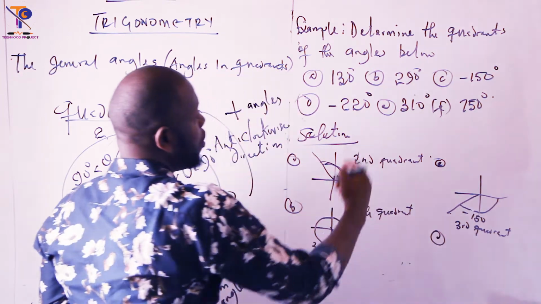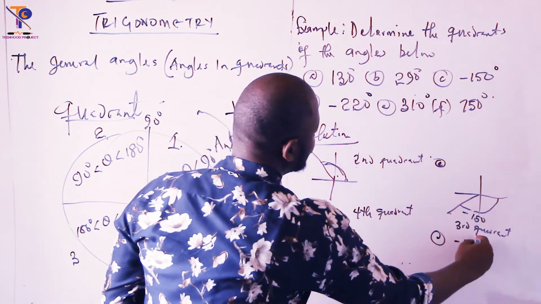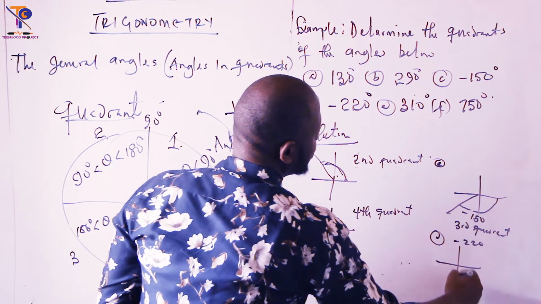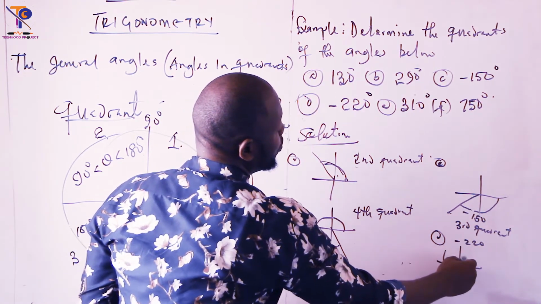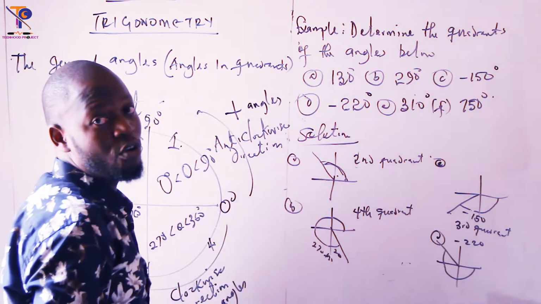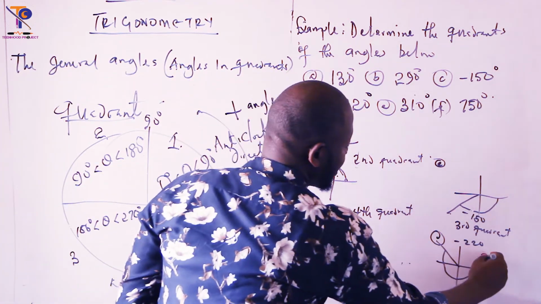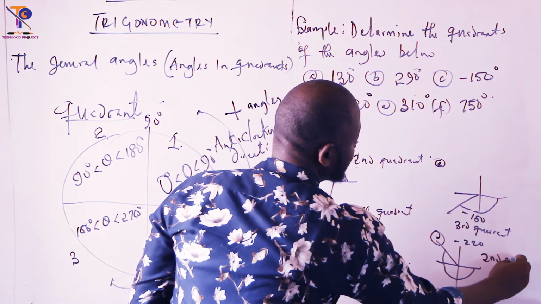And D, minus 220. Having this picture, we go here and we have 180 to this point. So my 220 falls on the second quadrant.